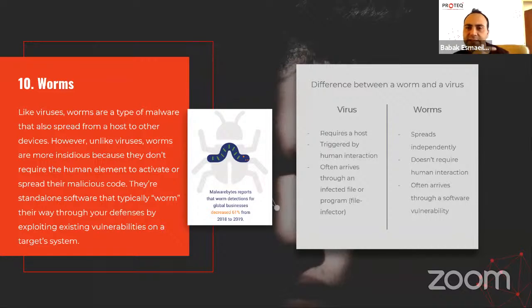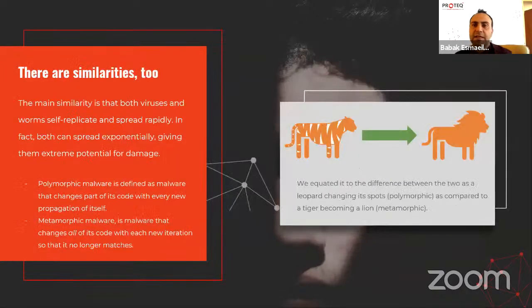They will use some code to exploit vulnerabilities in your operating system in order to replicate themselves. They can also replicate themselves throughout the network. Viruses can do that too, but worms will use the network mostly.